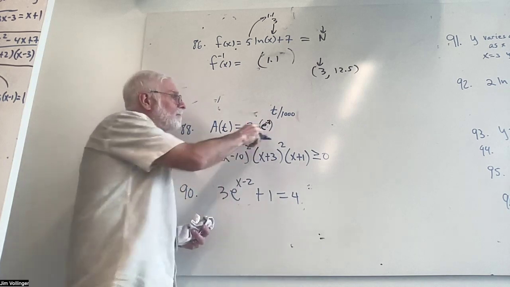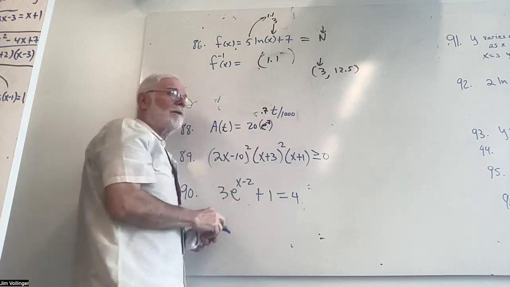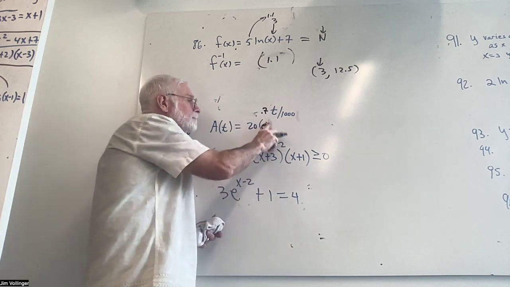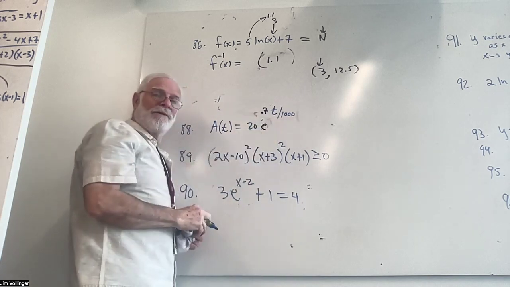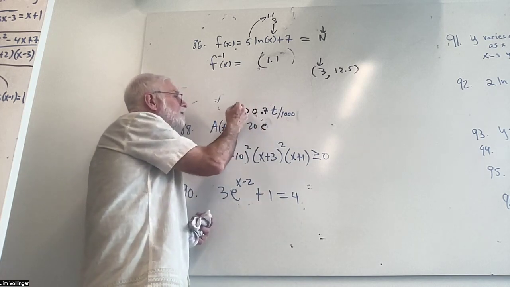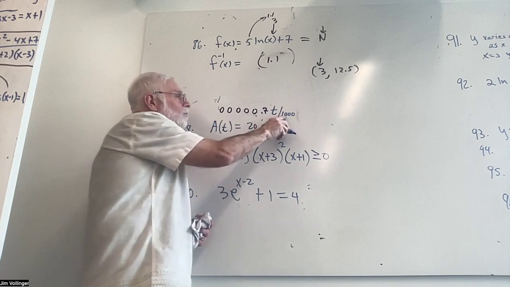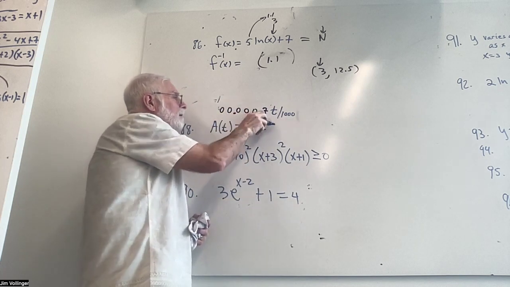And you got to know that power to power is multiplication, so that 0.7 can go there. And I think this is elementary school math, and when you divide by 10, decimal places go to the left. 1, 2, 3 places. 1, 2, 3 puts it there.